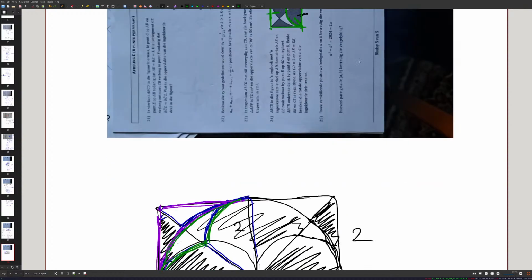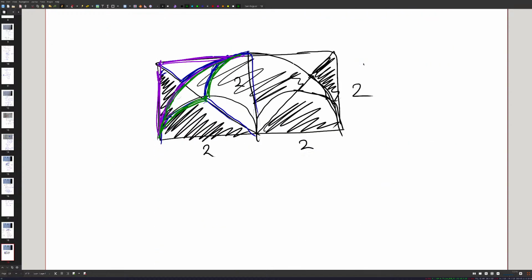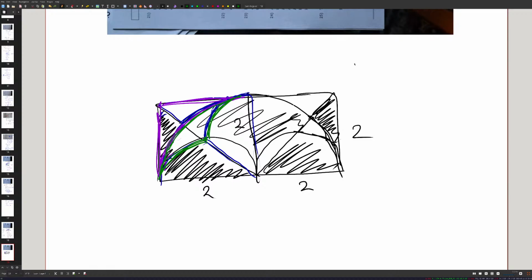Maybe divide it up even further. This is a quarter circle over there. This is a triangle. There must be a more efficient way, but we just want our answer, right? You don't have to do it elegantly. For the lack of anything better.